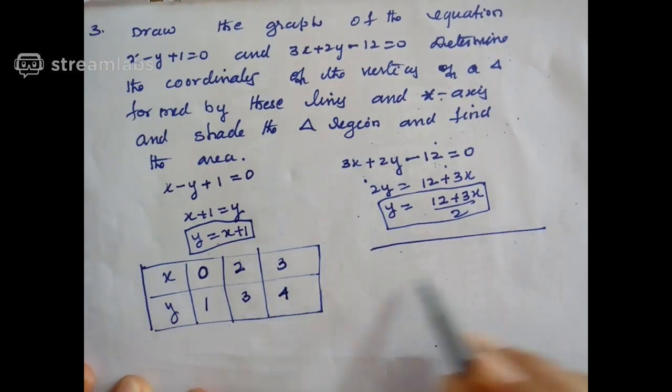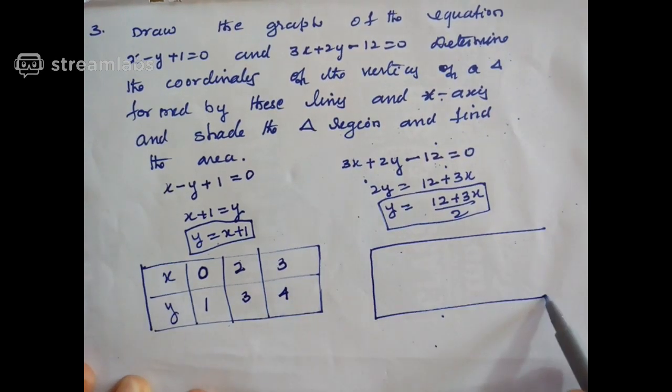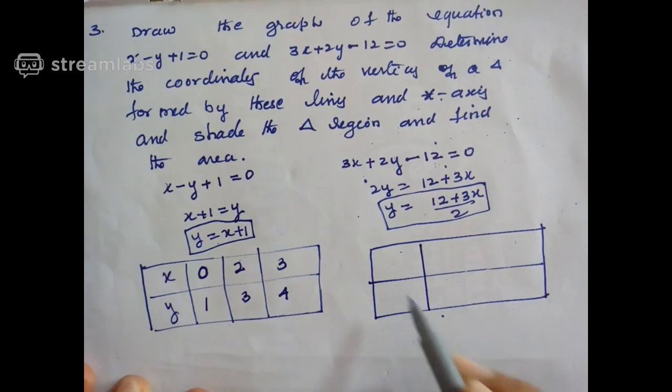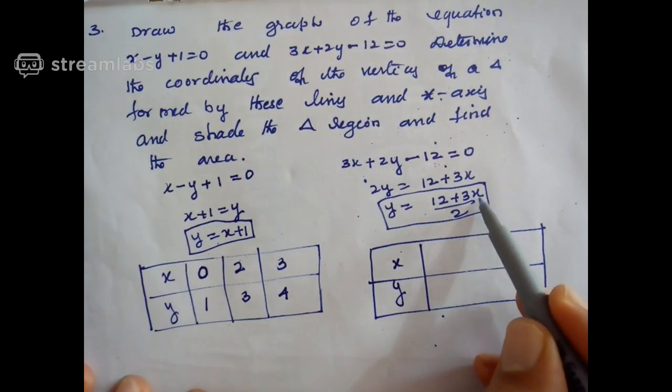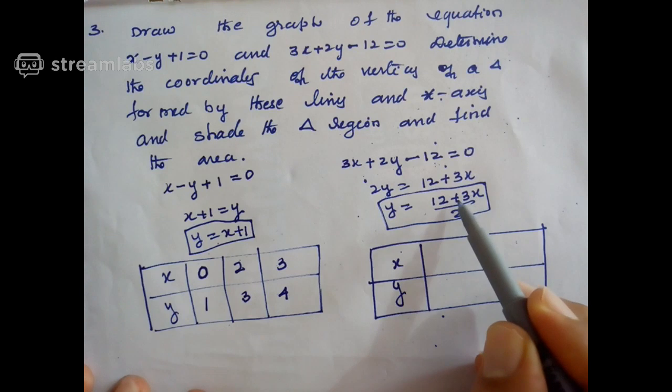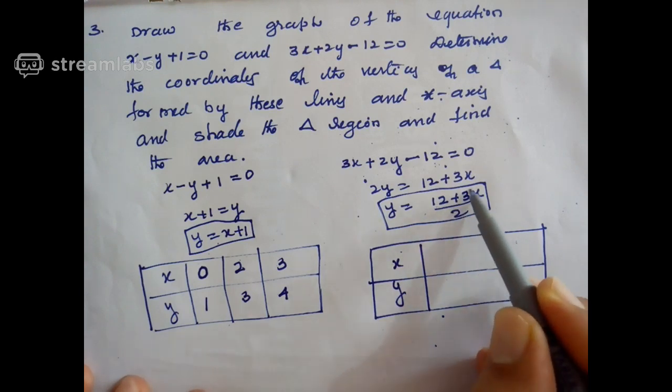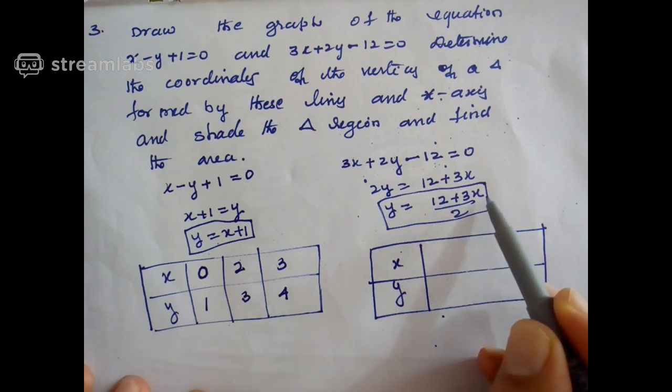Now let us see this. x and y. Here you have to take the value for x in such a way that while adding these two, the sum should be divisible by 2, or this sum should be a multiple of 2, correct?